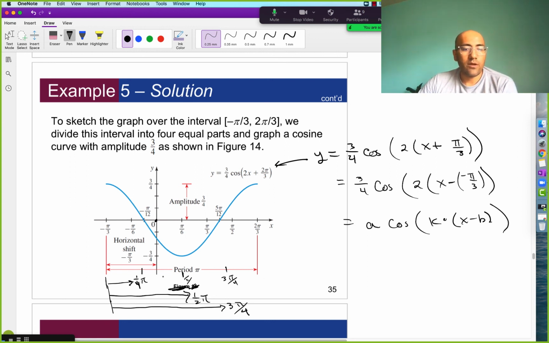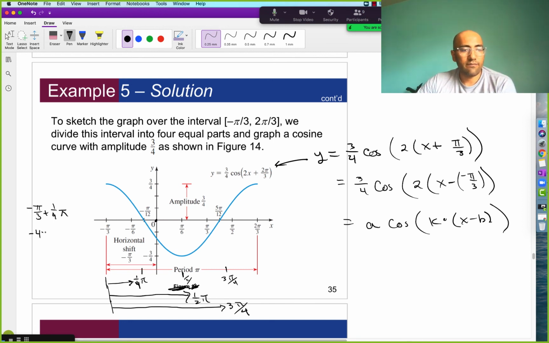So then if we want to know how that actually turns into these key values along the x-axis, we need to take the starting point, which is negative pi over 3, and add positive 1/4 pi. So negative pi over 3 plus 1/4 pi. If I add those two, we need a common denominator, which is going to be 12.